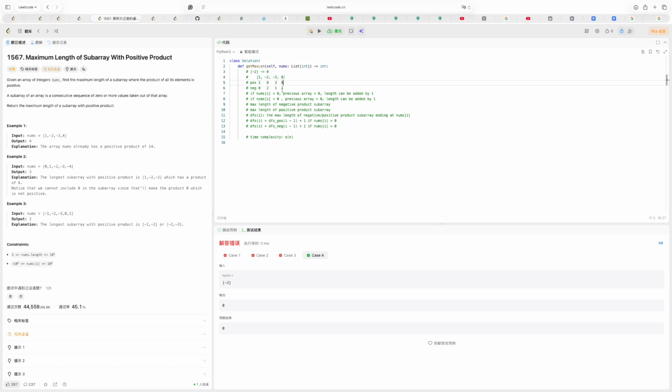Like for 4, we can use 3 plus 1 since it is positive, and negative, it has 1 and we can add it, since to make it a negative, the before value should be negative, and it is 1, so this is positive, then we will have 2.